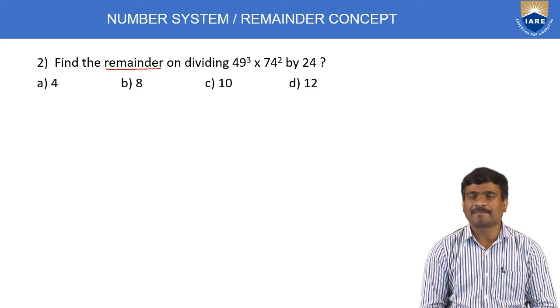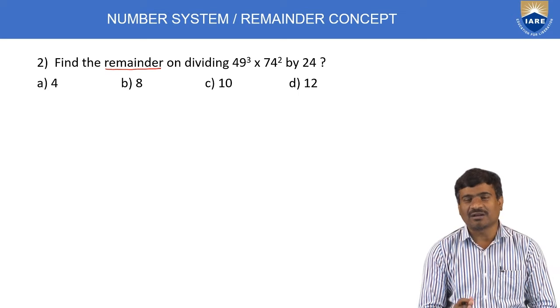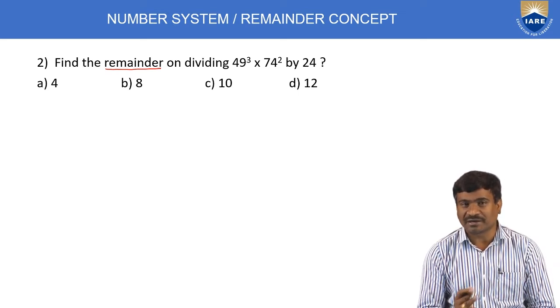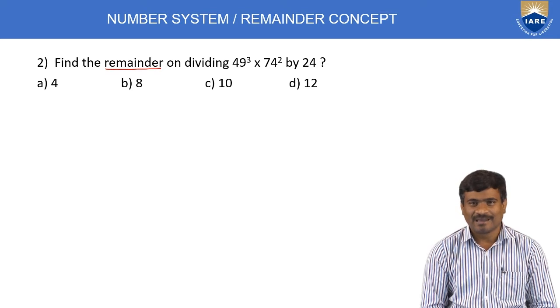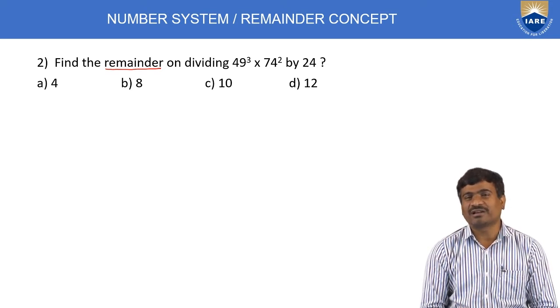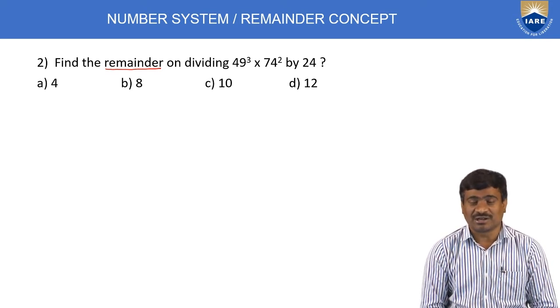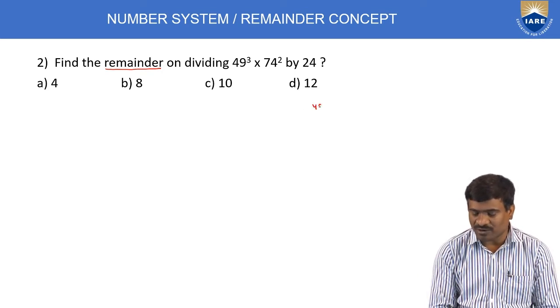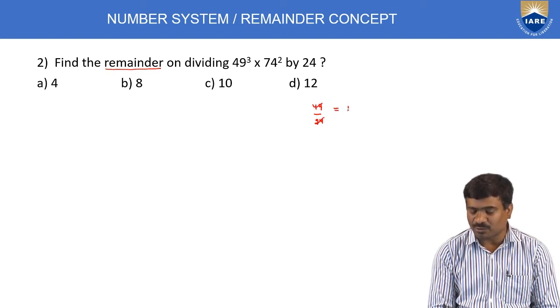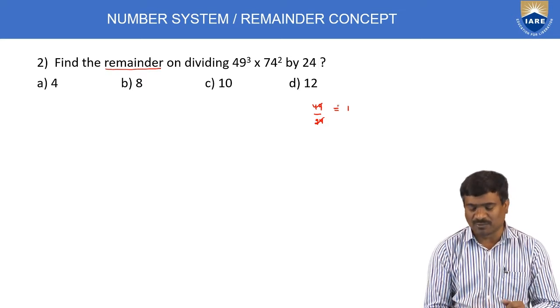Unit digit and remainder are two separate topics. Don't mix the topics, don't mix the logic. The method: first calculate individual remainders. First, 49 divided by 24, quotient 2, remainder 1.